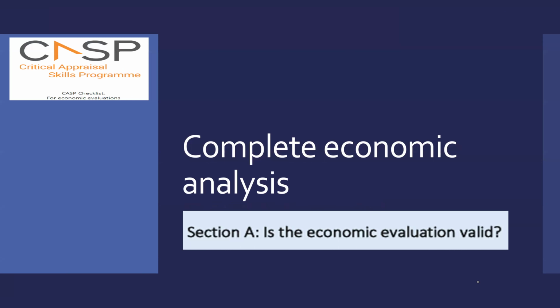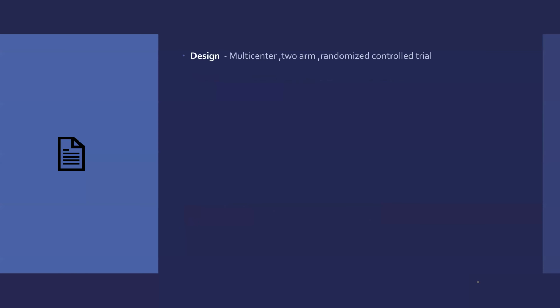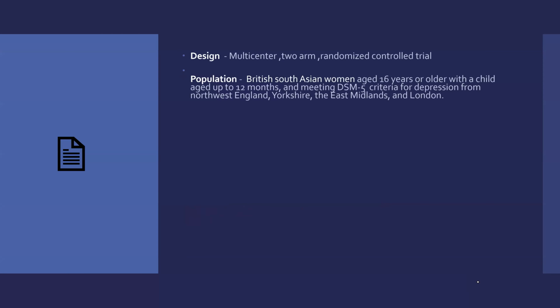So coming to the first question: is the economic evaluation valid? This was a randomized controlled trial which we saw. The population were British South Asian women who fulfill criteria for postnatal depression. Intervention was the positive health program. So this was a cognitive behavioral, psychological intervention delivered by, basically, non-professionals.